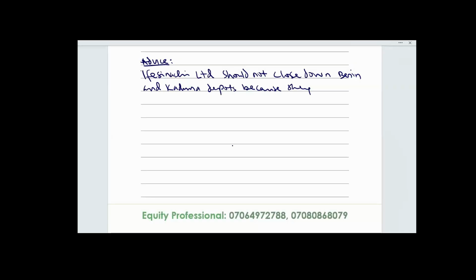Because Benin and Kaduna have positive contribution, our advice is that they should not discontinue Benin and Kaduna depots.